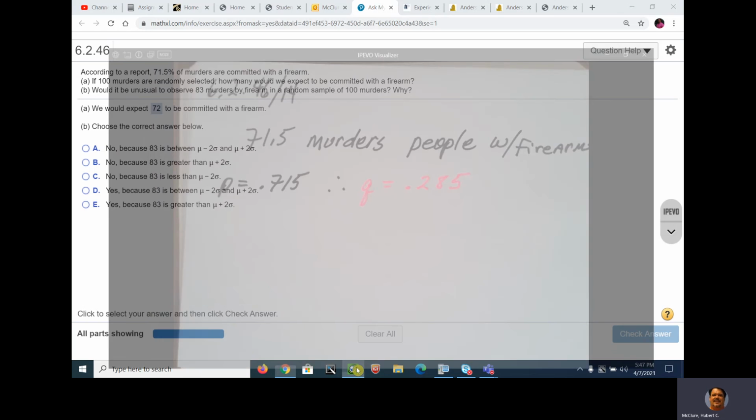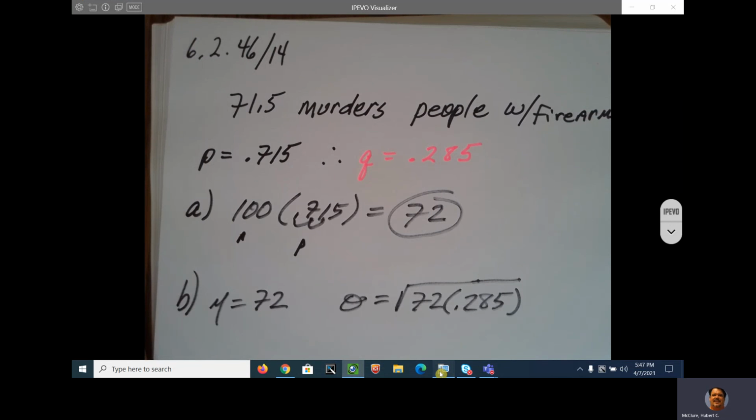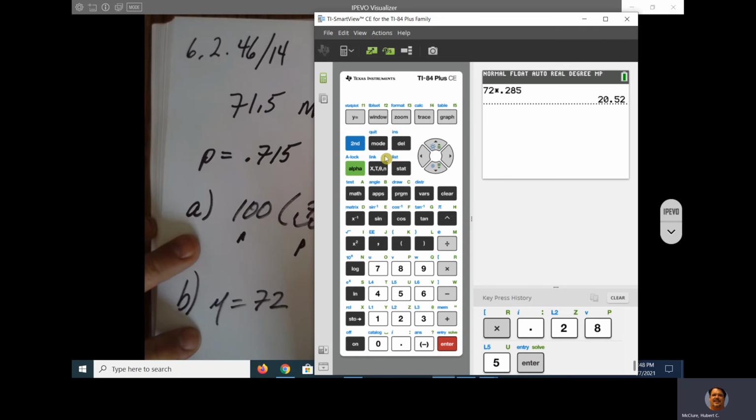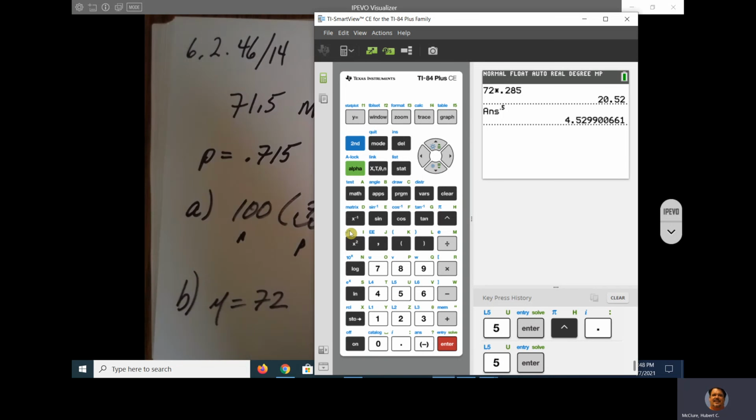So 72 times 0.285, and I get the square root of 20.52. I raise that to the 0.5 power, and I get 4.53.